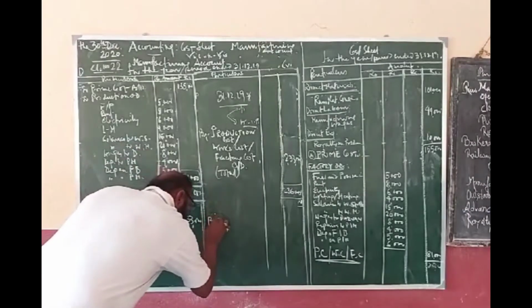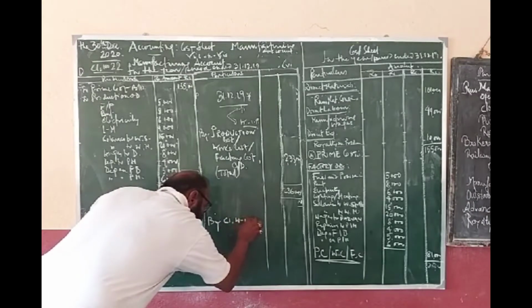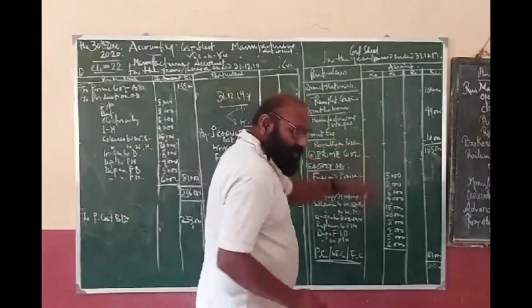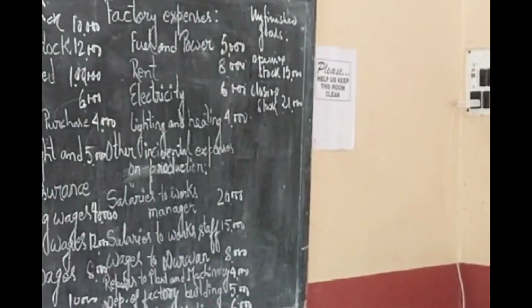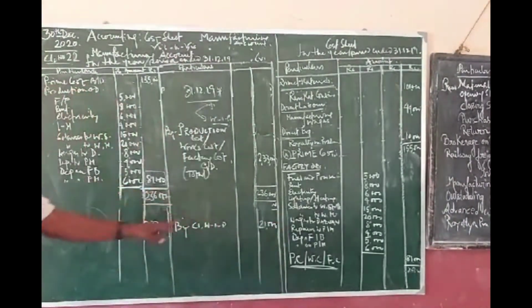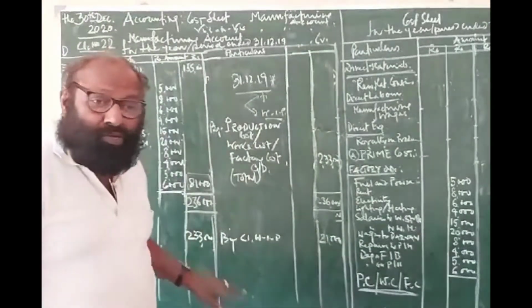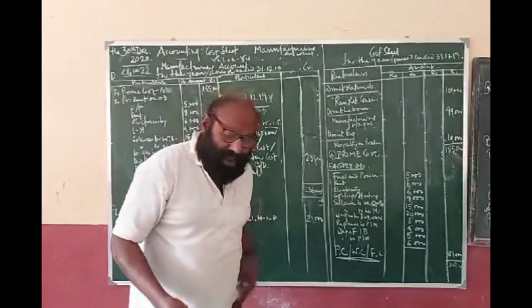Now I am deducting the closing work in progress. What is the amount of closing work in progress? I have given it: the closing work in progress is 21,000. Just see. By doing this, what have we got? 2,23,000 is the total factory cost incurred this year.